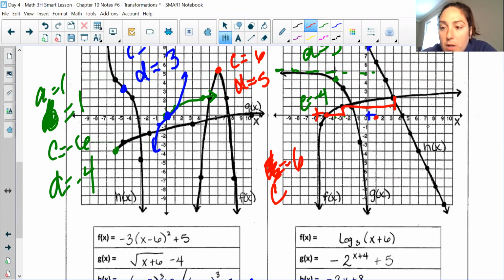So if it's log base 3 of x, let's see. Log base 3 of 1 is 0. Log base 3 of 3 is 1, and log base 3 of 9 is 2. So that means that we would have 1, 0, 3, 1, and then 9, 2. So that changes right 2, up 1, right 6, up 1. There we go. So it is log base 3.